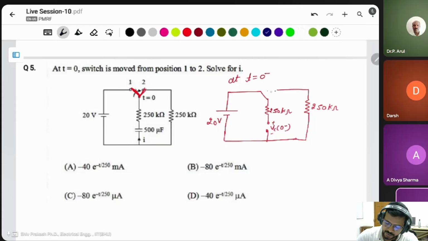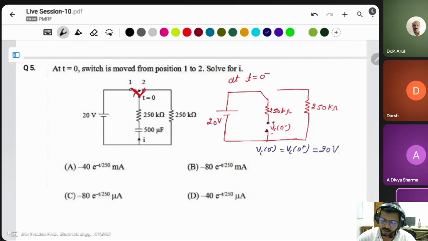This is open circuit from here, and this is open circuit from this branch. That's why the total voltage appears on this open circuit point. That's why VC 0 minus is the same as VC 0 plus, which is equal to 20 volt.